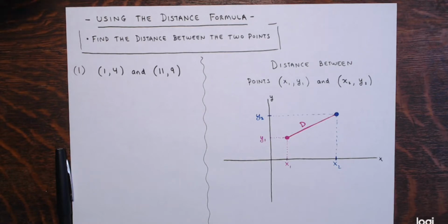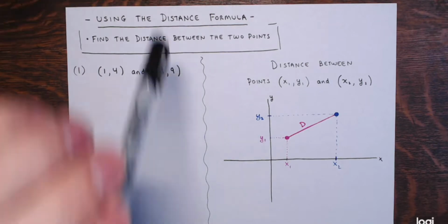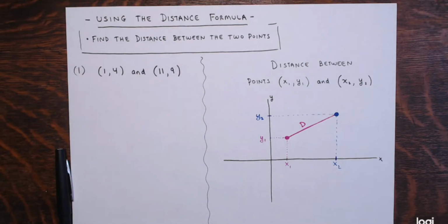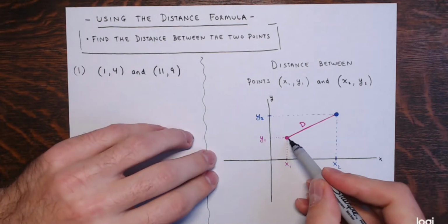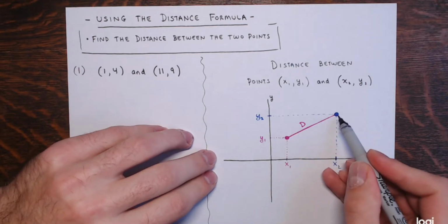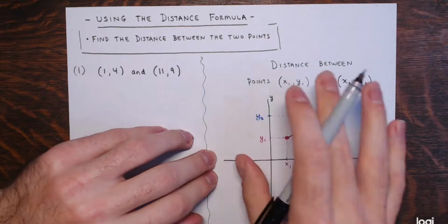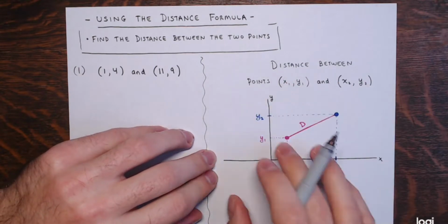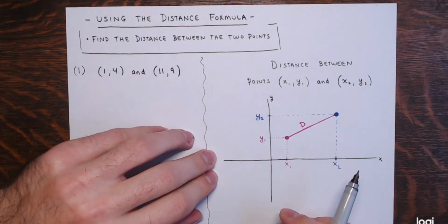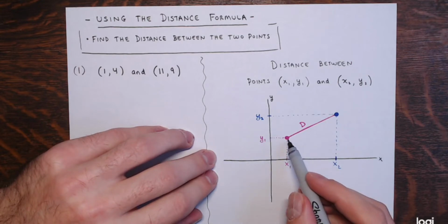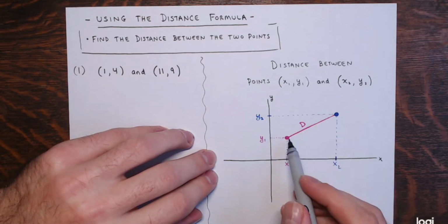Now, imagine traveling from one of these points to the other. But you can only travel on the grid lines, if you had graph paper, which I would recommend, you'd see some grid lines. Imagine I'm traveling from one point to the other, but I can only travel on the grid lines.